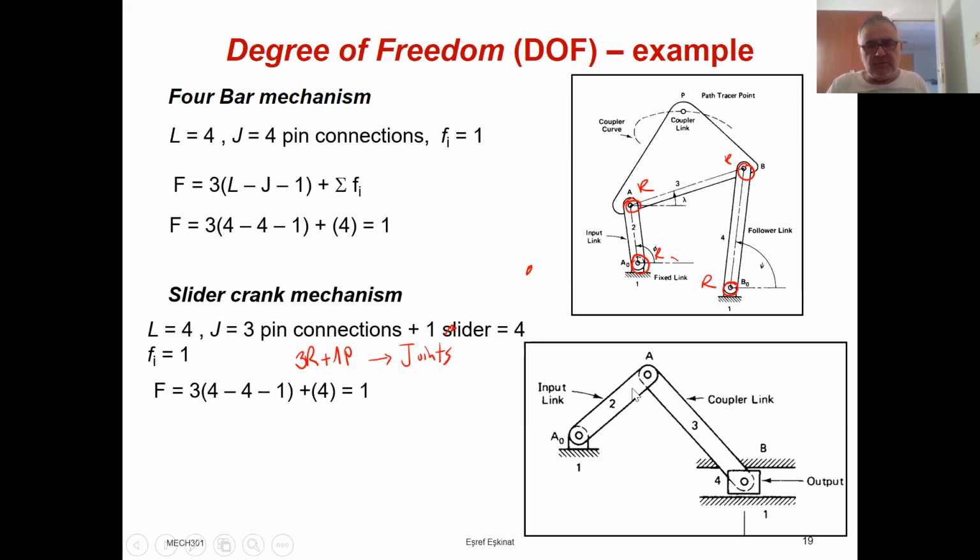Each of the joints has a degree of freedom of 1. So 3 times (4 minus 4 minus 1), which gives you minus 3 plus 4. The degree of freedom is again 1, as you see. Okay.